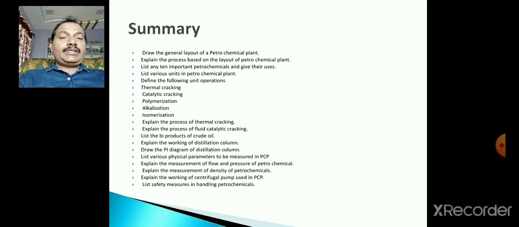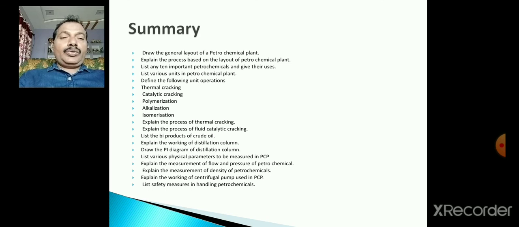After that, we have discussed the working of the distillation column, and we have discussed the PI diagram of the distillation column, and we have seen the important physical parameters that are to be measured and controlled in the petrol and petrochemical plant.